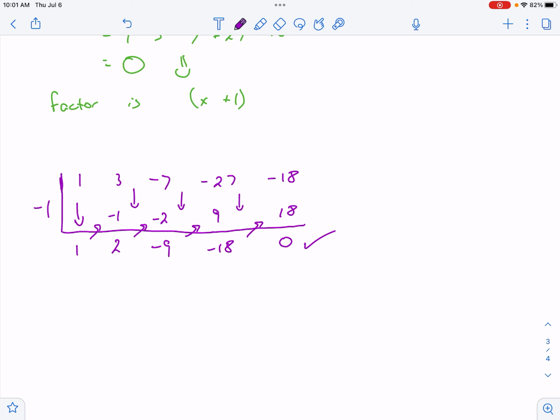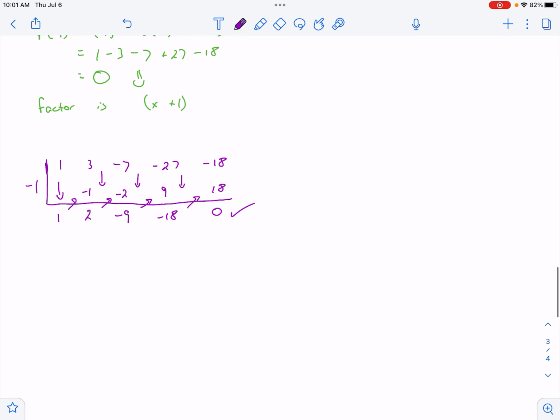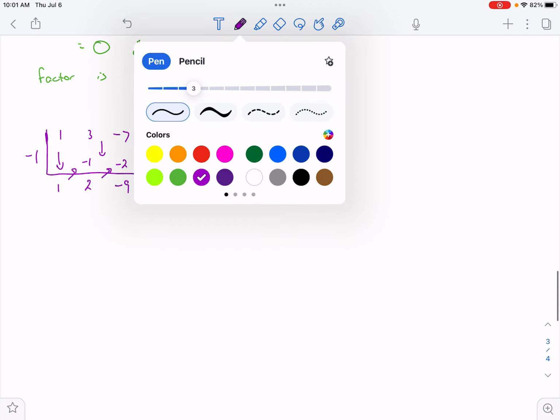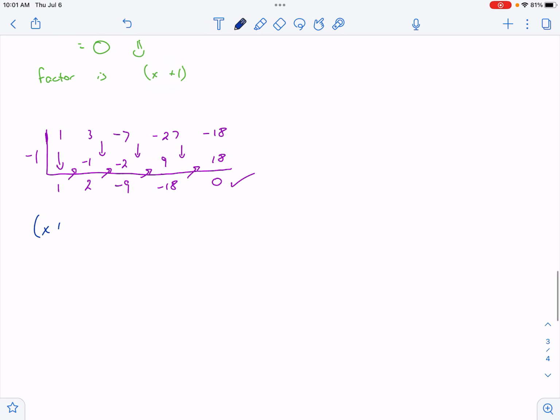All good. Okay, so our factored form here, after all of this, is we have an x plus 1, x cubed plus 2x squared minus 9x minus 18. Okay, we are not done yet though. We need to factor this quotient.